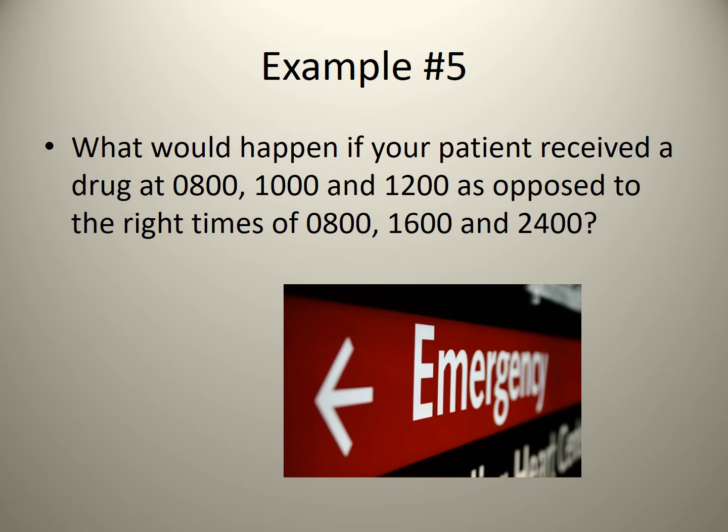Example number 5. What would happen if your patient received a drug at 8 o'clock, 10 o'clock, 12 o'clock, as opposed to the right times of 0800, 1600, and 2400?